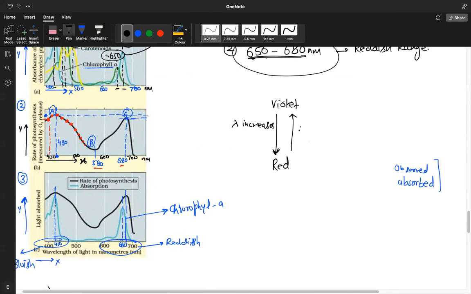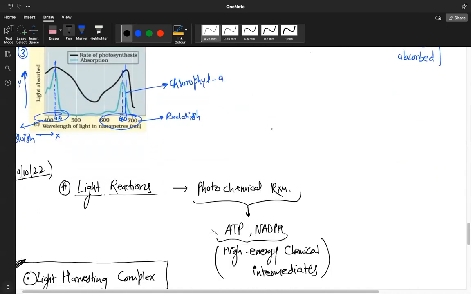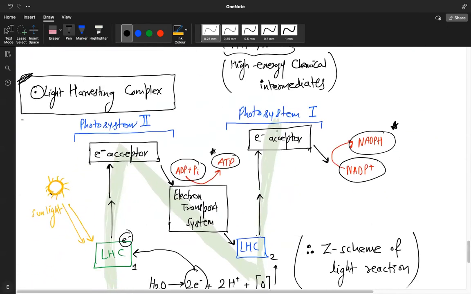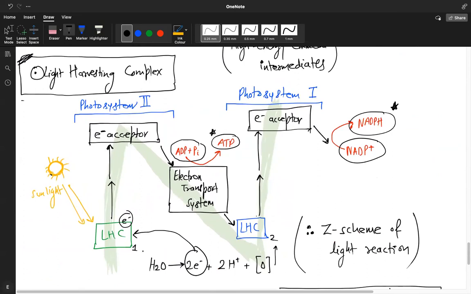Energy increases from red to violet. So from violet to red, energy decreases, right? So red light has the least energy and violet light has the most energy because it has the smallest wavelength. Make sense, everyone?